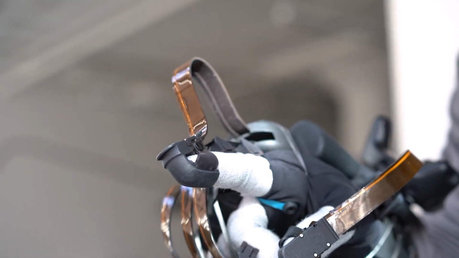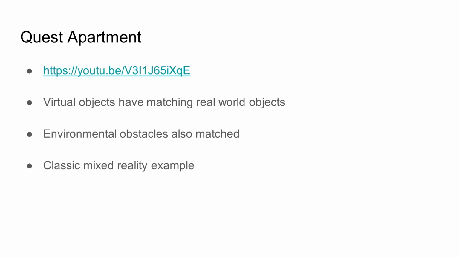Let's talk about something that's not expensive. The Meta Quest 2, or just the Quest in general, is one of the most accessible standalone virtual reality headsets available to the consumer at the moment.